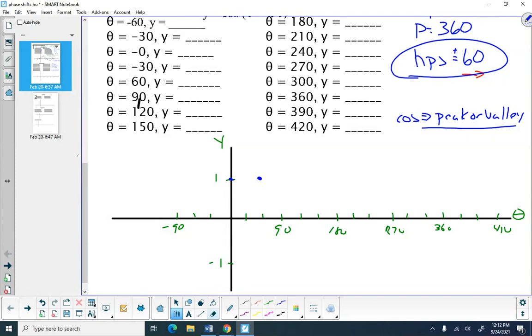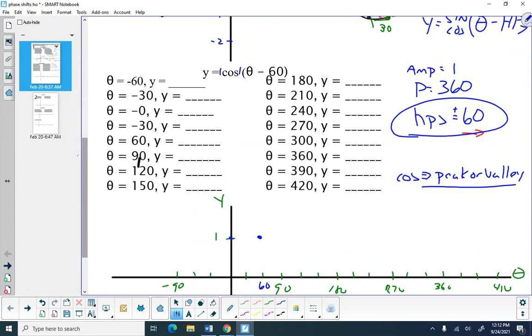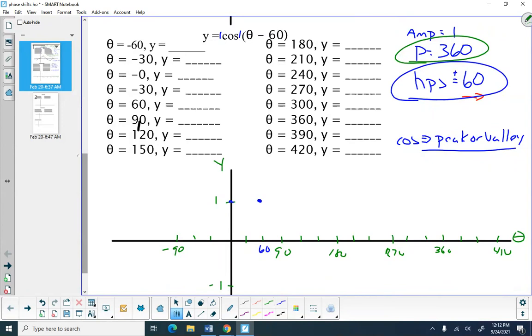Now we start at a value of 60. By definition, the period is the number of degrees in a cycle. I go 360 degrees. A cycle is a portion of the graph to another portion of the graph where the graph starts to repeat itself. If we start at 60 degrees, every 360 degrees, we will be at the exact same spot.